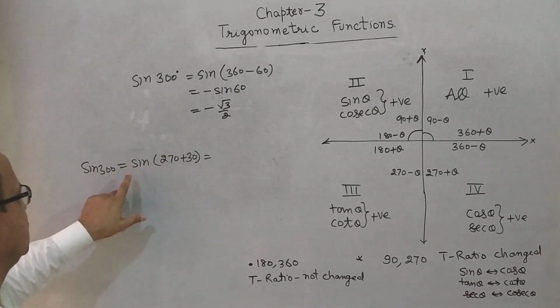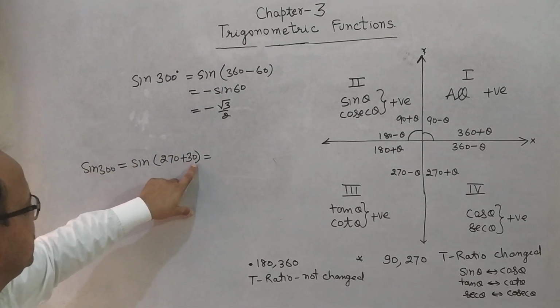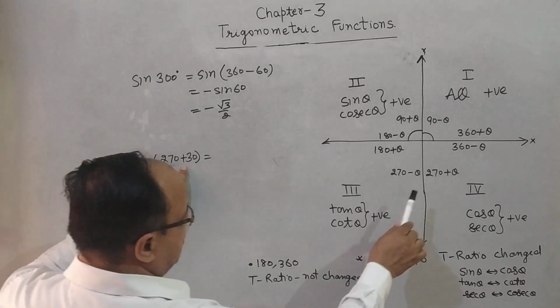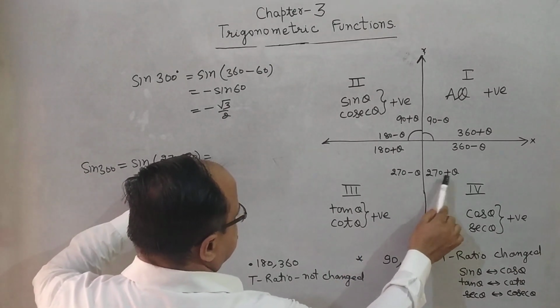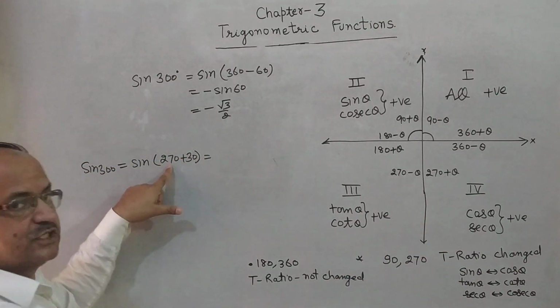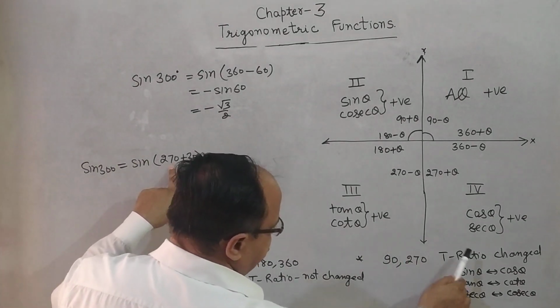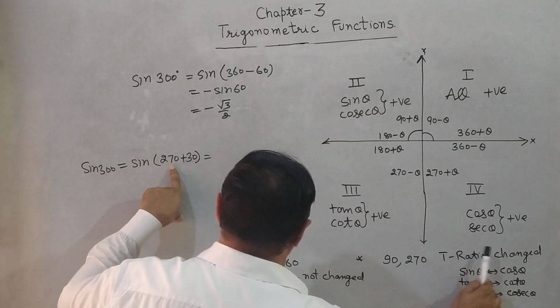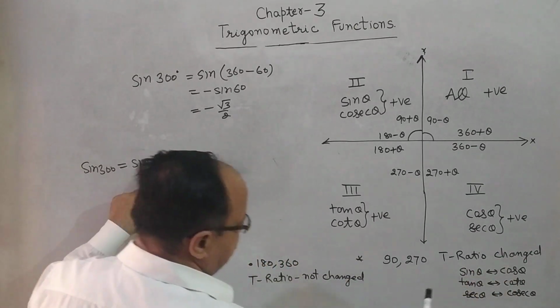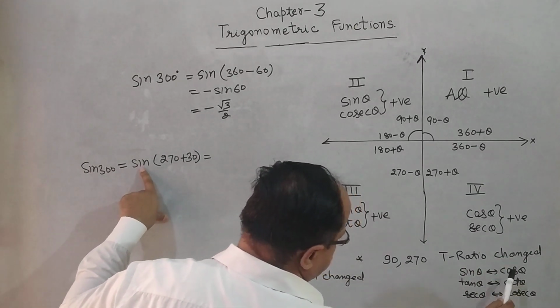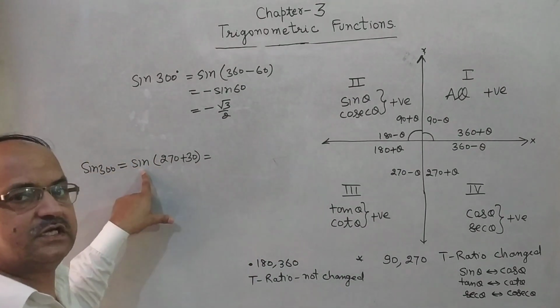Same procedure. 270 plus theta lies in fourth quadrant. So it is the case of 270. If the case is 90 and 270, then t ratio changes. So sin will change into cos. Sin किस में change हो जाएगा?